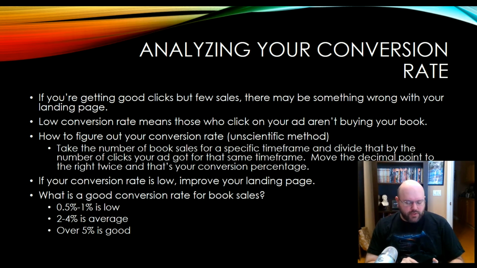So in this example, we had 10 sales divided by 1,000 clicks. So that equals 0.01. So if you move the decimal point over to the right 2 times, that gives you a 1% conversion rate. Okay.